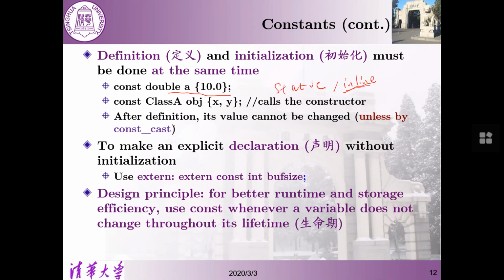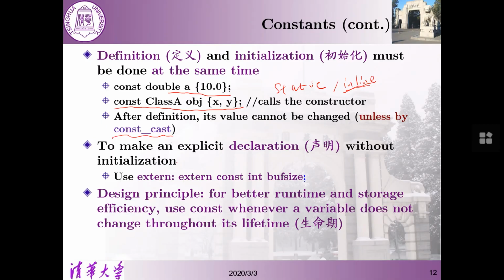Similarly, we can define a const object like this. It also calls the constructor, so it is defined and initialized at the same time. After definition, it is read-only and cannot be changed, unless by const_cast. We will learn const_cast later, but this is not a safe way of programming. For a const object, we should not use const_cast in most cases.